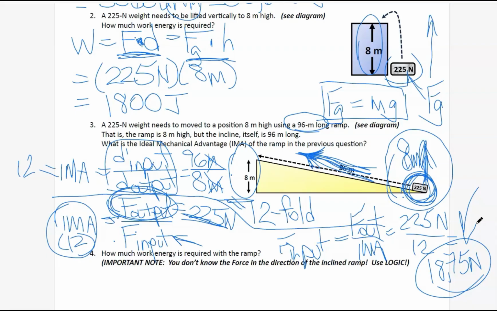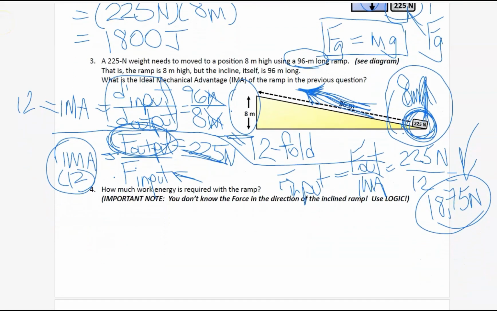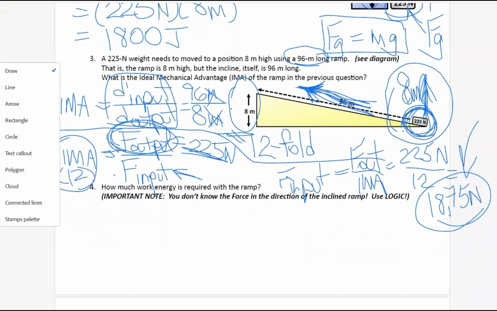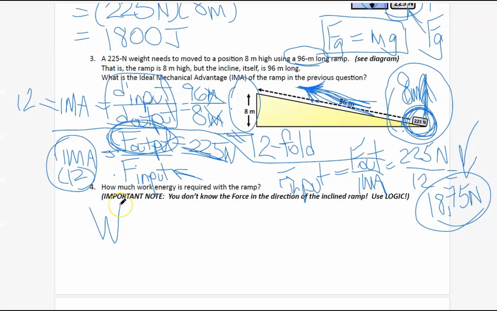The key part here is actually illustrated in the next question. How much work energy is required with the ramp? Well, if the ramp is 100% efficient, the work that comes out of the ramp will be exactly equal to the work you put in, right?